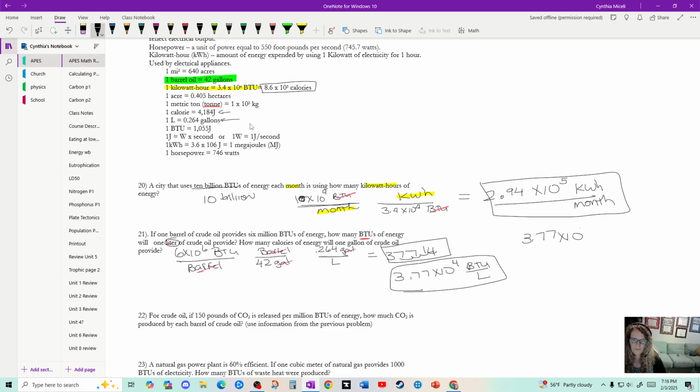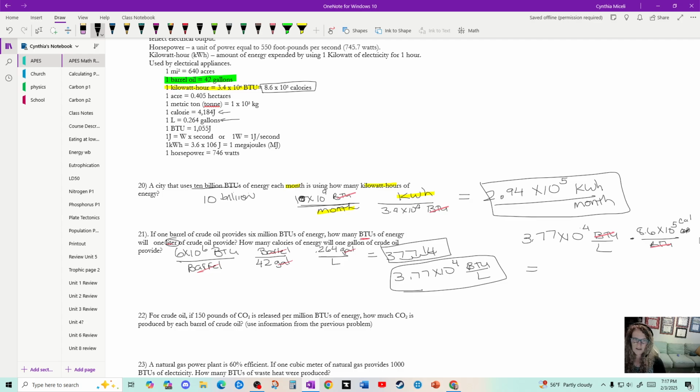3.77 times 10 to the 4, which is BTUs per liter, times 8.6 times 10 to the 5 calories per BTU. Hey, look what happens. Our BTUs cancel out and I have calories. See, it totally says it, per BTU.